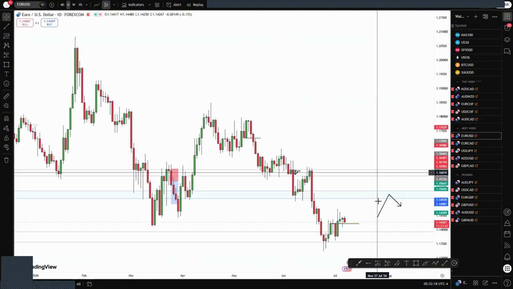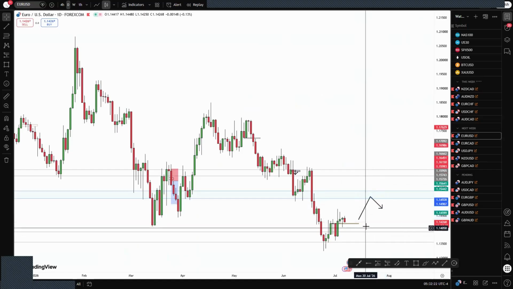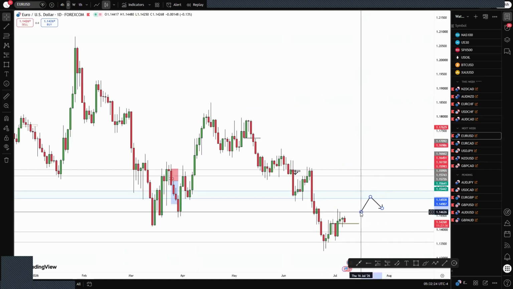USD, I still need this retest, but you see why I just left this pair this week. I knew this pair is a big romantic and it's overtraded.